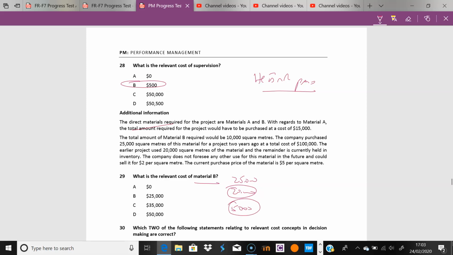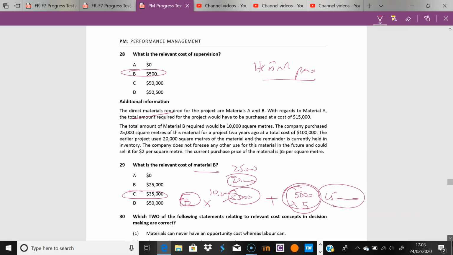And we don't need it anymore. So the relevant cost becomes what we can sell it for, which is 5,000 times 2. But I therefore still need to buy an additional 5,000, right? Now I have to pay 5 for that. So the full relevant cost becomes the 5,000 times 2 plus the 5,000 times 5, which takes me to 35,000. That's 10,000 and that's 25,000, taking me to 35,000, right?